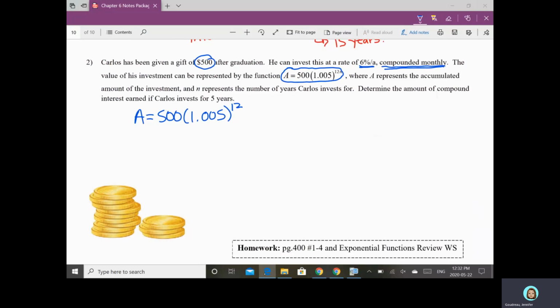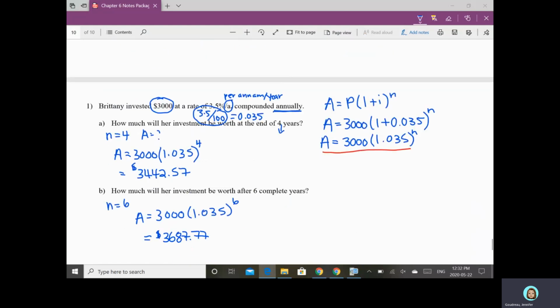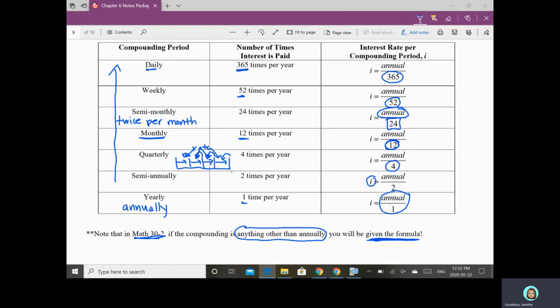Now the 0.05 looks kind of weird because we have here that it's 6% per annum. But because it's compounded monthly, in order to find that i value, we're taking that 6% and we are dividing it by 12. So that's where that 0.05 is coming from.